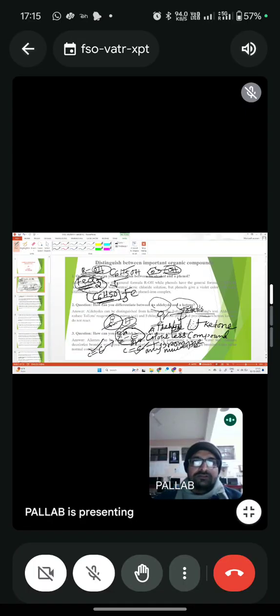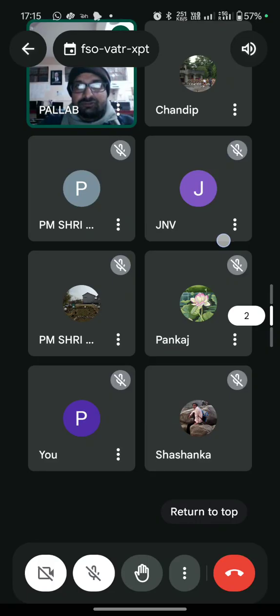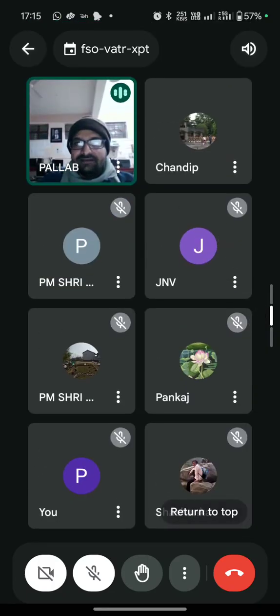So which reagent should we use to distinguish between alkene and alkane? That is bromine water. And how does its color change? The bromine water will become colorless in the case of alkene and remain the same in the case of alkane because it does not react with alkane. Okay, now move to the next slide.